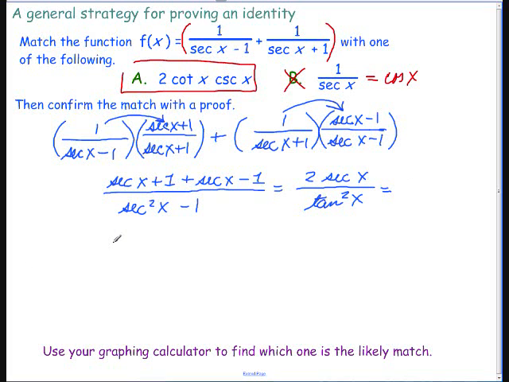So this could be written as, let's divide it out into 2 times secant x over tangent x times tangent x.